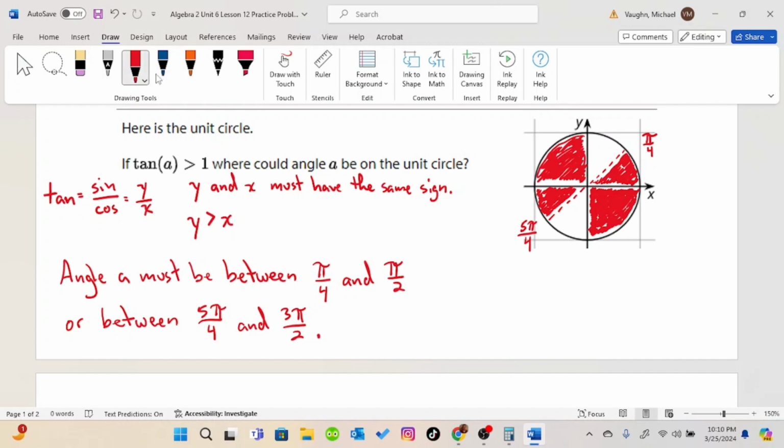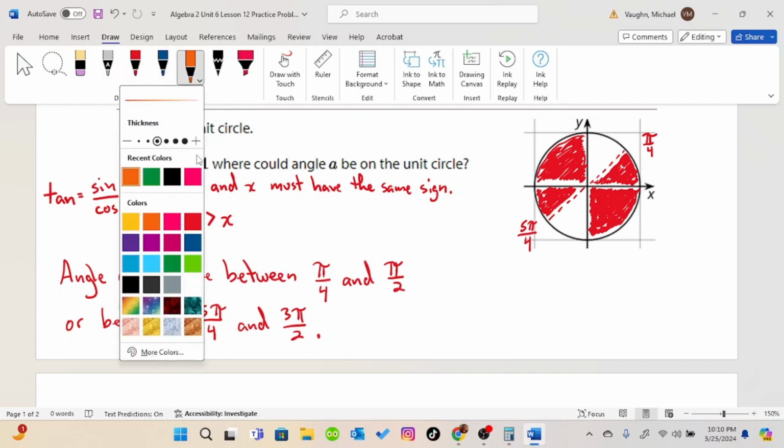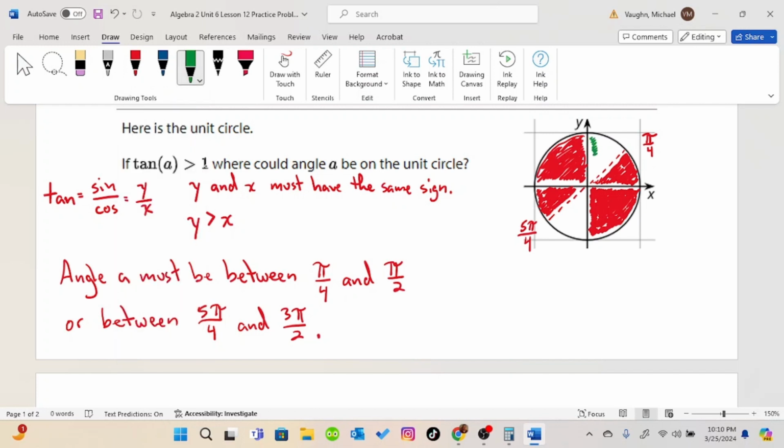Anywhere in this green shaded area or this green shaded area could be correct.